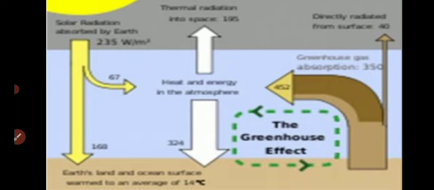Thermal radiations into space are deflected away, and some are retained in the atmosphere by long wave radiations, by latent heat transfer, and by conduction. How much percent is retained back into the atmosphere?